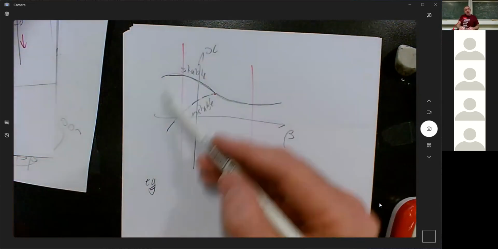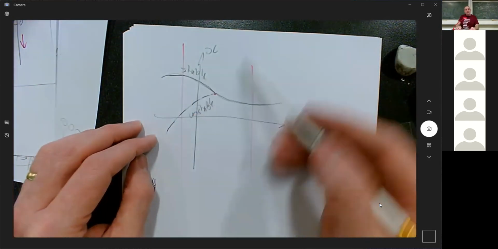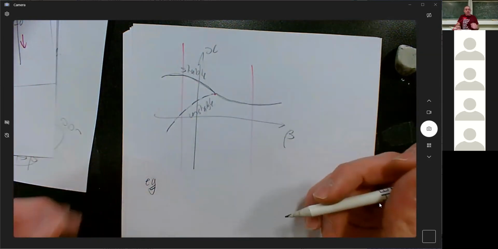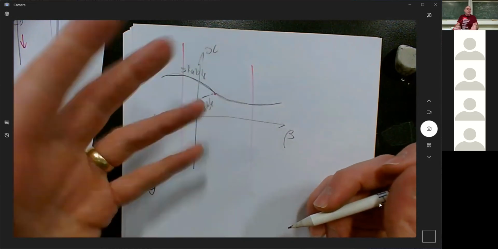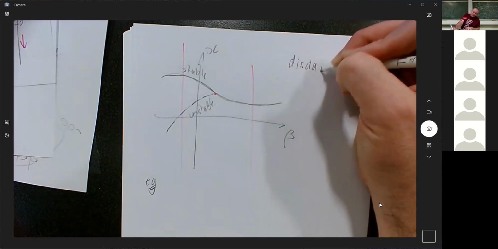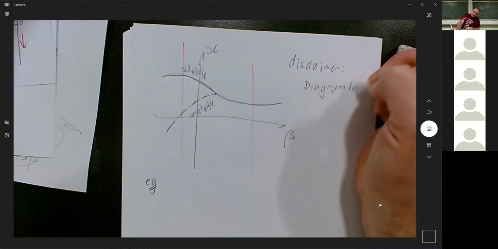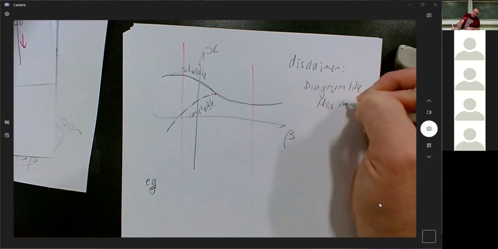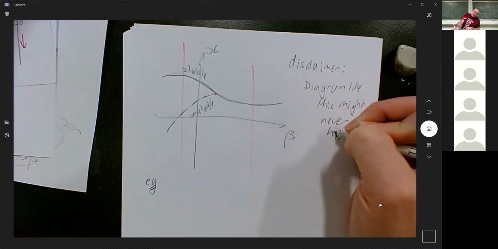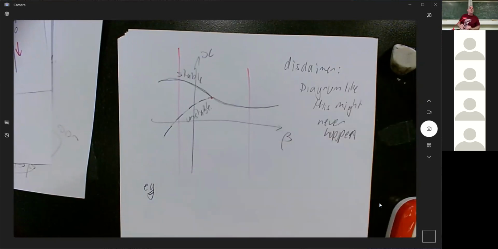So I reckon this entire region here will be either positive or negative, and this entire region will be positive or negative, and this entire region will be positive or negative. So I don't think this diagram is possible, but just a disclaimer: a diagram like this might never happen. Just in case in the future I'm looking at the notes without watching the video and I don't remember that.